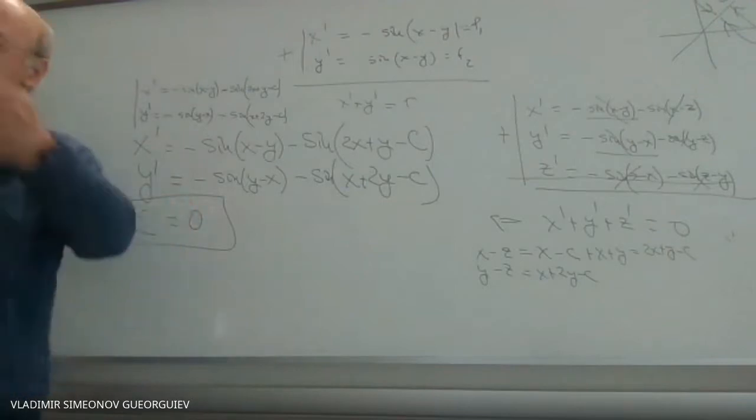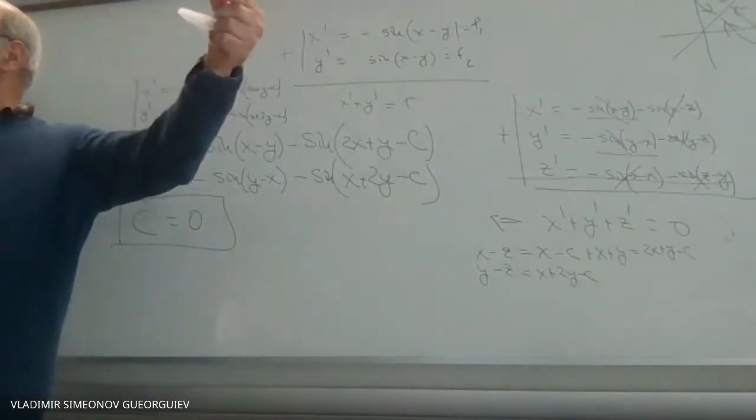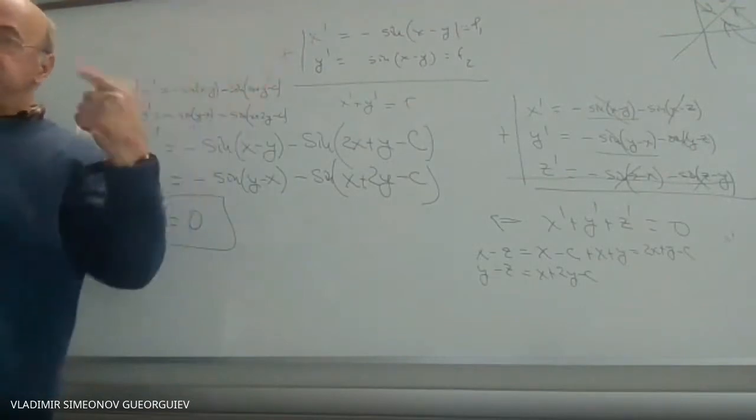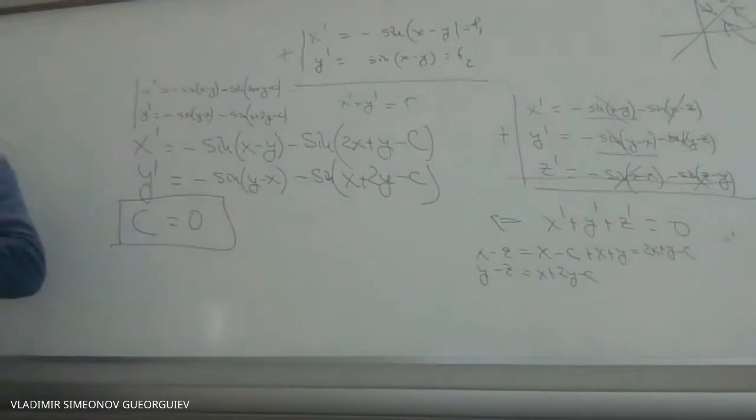What does it mean? That the 3 phases have sum that is 0. And this is very important. This is the so-called barycenter of x, epsilon, and zeta. And it is 0. So this is our 2x2 system.